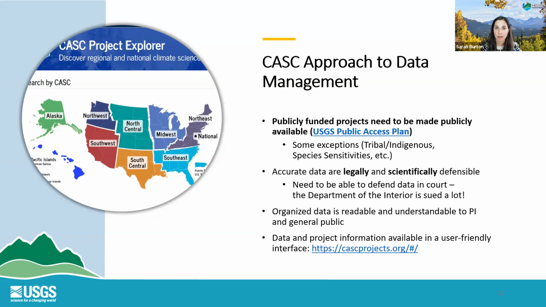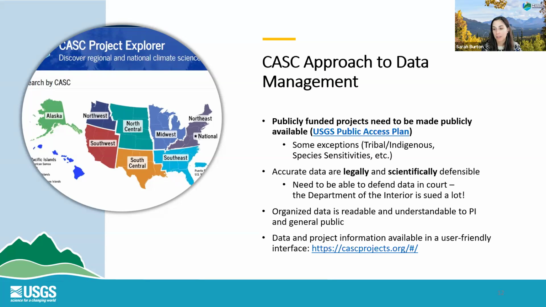Because we are a federal entity, we need to make sure that our data are accurate and of high quality. So we put them through a robust review process so that they're legally and scientifically defensible if needed. And then organizing the data, as mentioned, into readable, understandable language when we're thinking of how we're writing up metadata and how we're presenting them to the public.